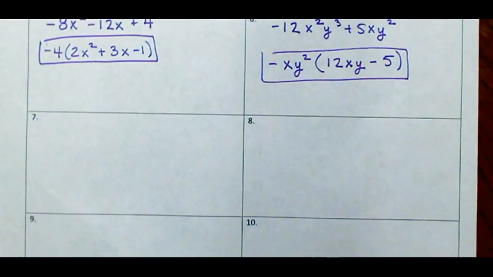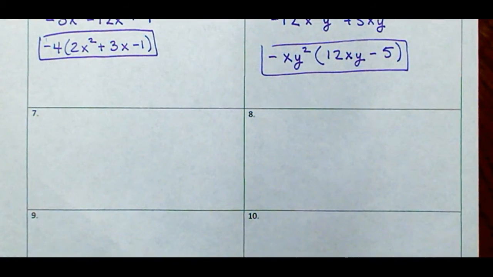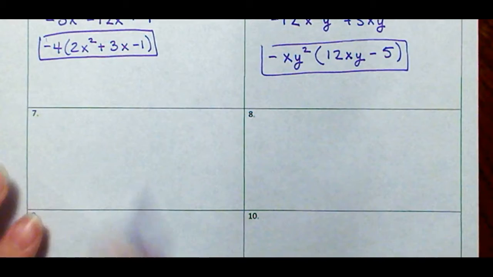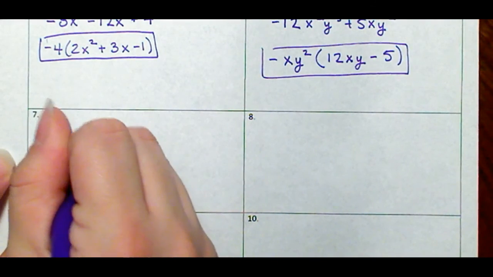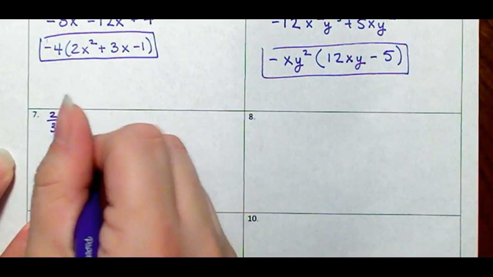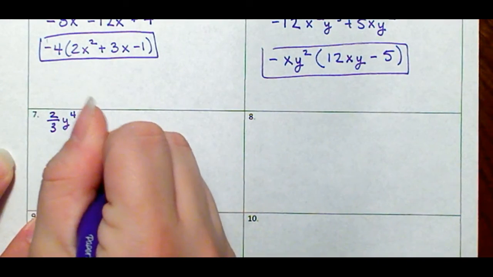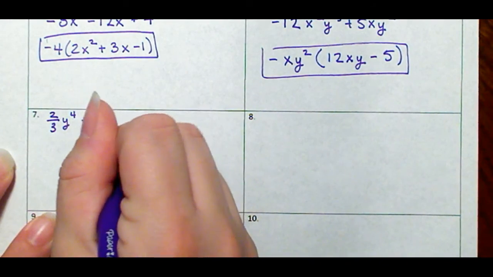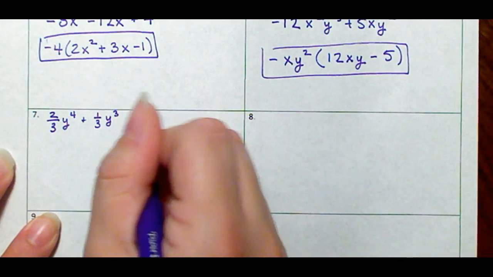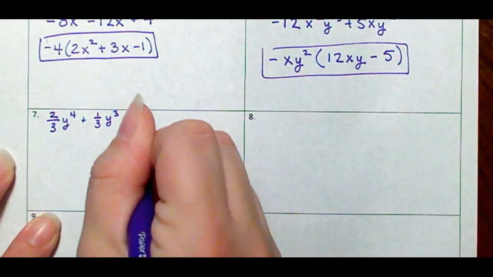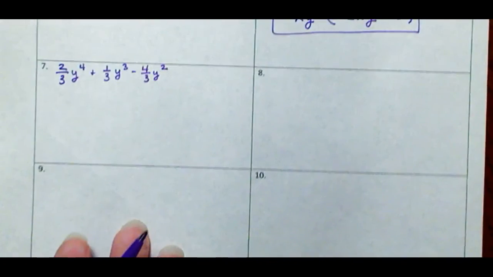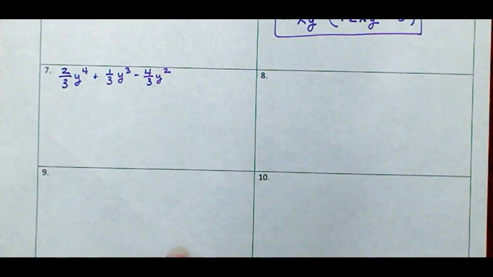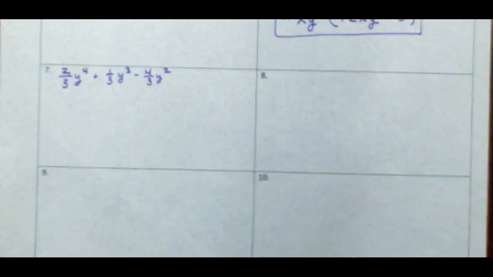All right, number 7. So let's throw in one that has fractions. We love fractions. 2/3 y to the 4th plus 1/3 y cubed minus 4/3 y squared. Now you might say, well, most of you know you could eliminate fractions by multiplying by the least common denominator.